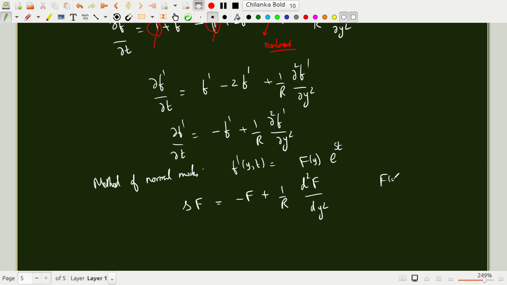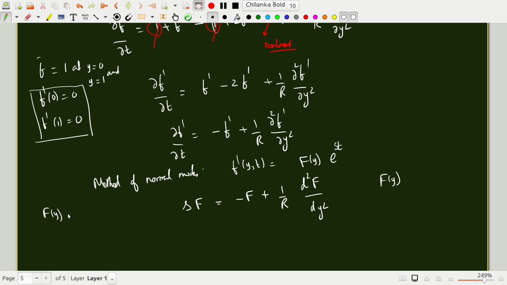Remember that the boundary conditions for the perturbation f prime are 0, because the base state has already satisfied the boundary condition that f bar is 1 at y equal to 0 and y equal to 1. Therefore, f prime will be 0 at y equal to 0 and 1. Therefore, the eigenfunction f will also be 0 at y equal to 0, and sorry, it should be y equal to 1.